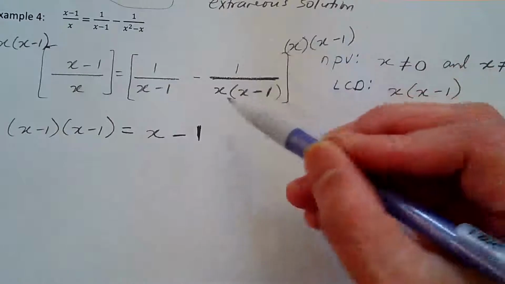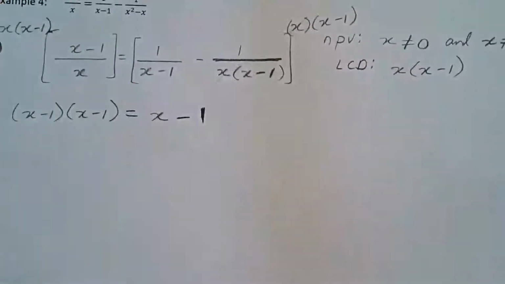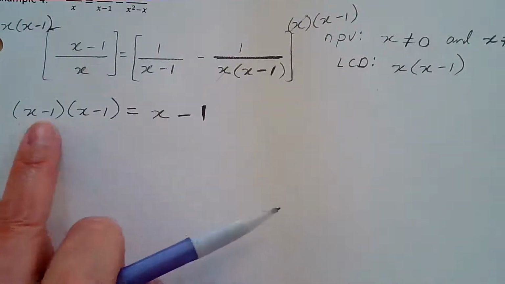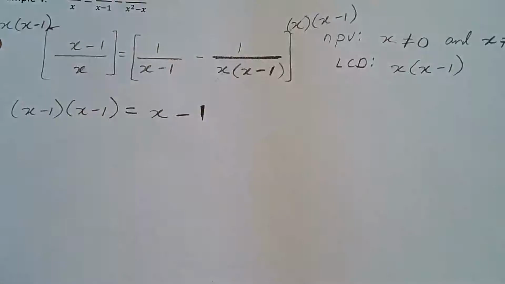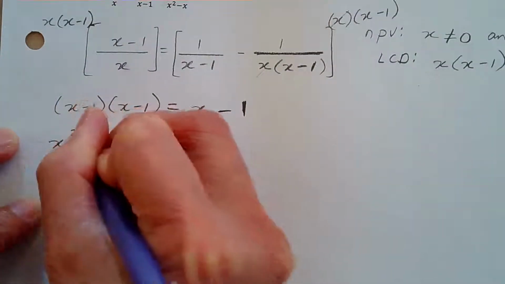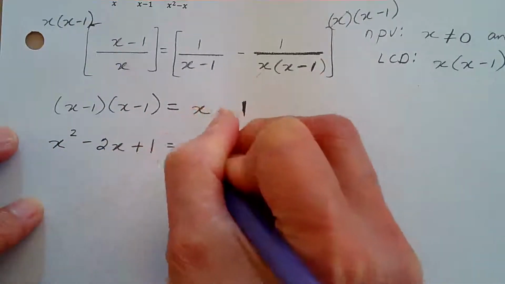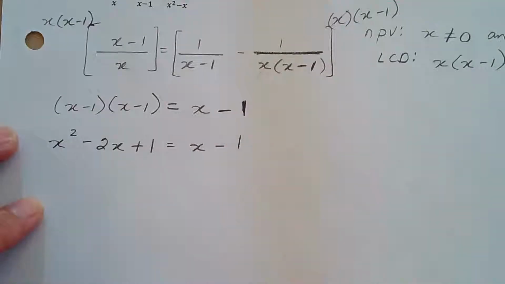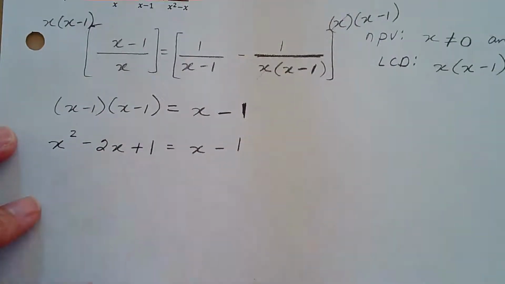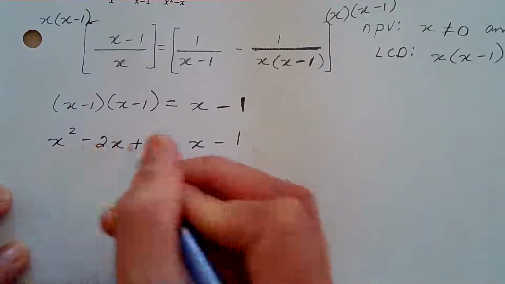This one we're definitely going to end up with a quadratic equation, because if we expand that, what does it expand to? X squared minus 2x plus 1 equals x minus 1. Everyone's okay with this, right? Good. Bring everything on one side of the equation.